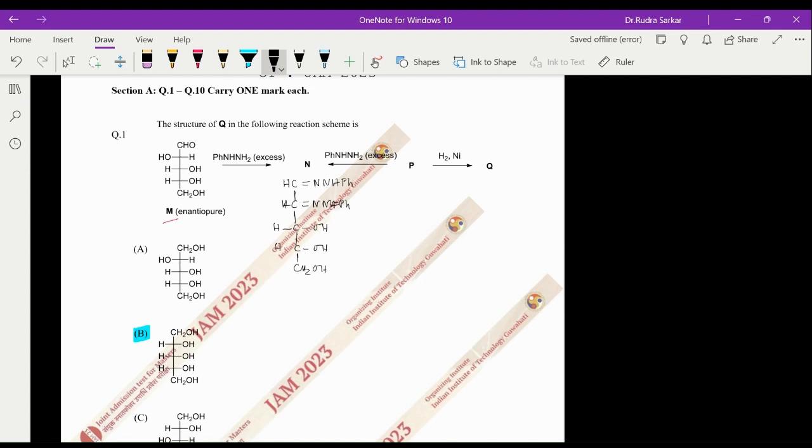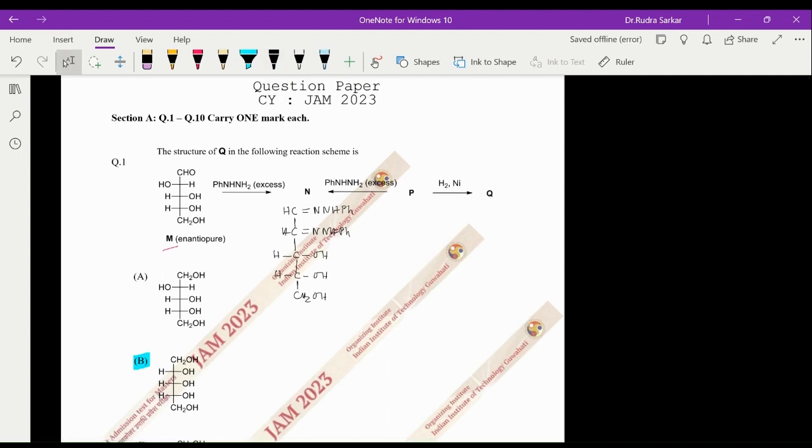Now, what should be understood is the molecule N is also formed by P on reaction with excess amount of phenyl hydrazine, which means this portion of the stereochemistry of the asymmetric centers is the same for P and M. Okay, so if we can guess, then maybe P and M are epimers of each other.